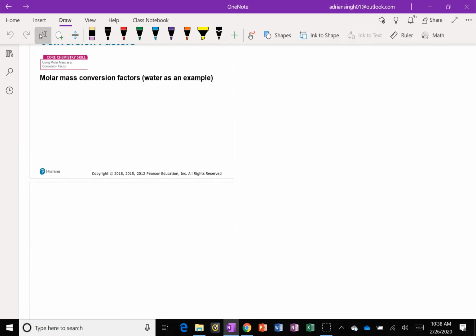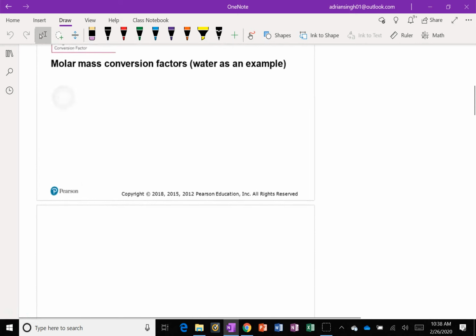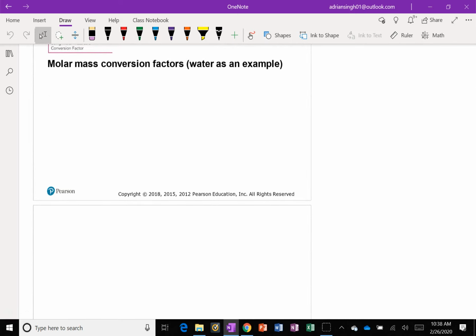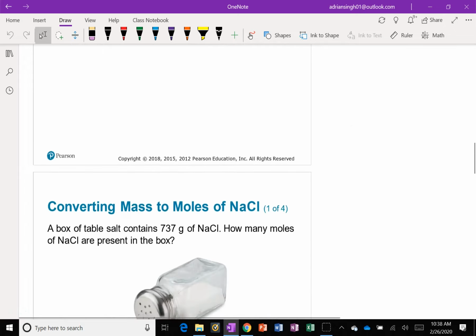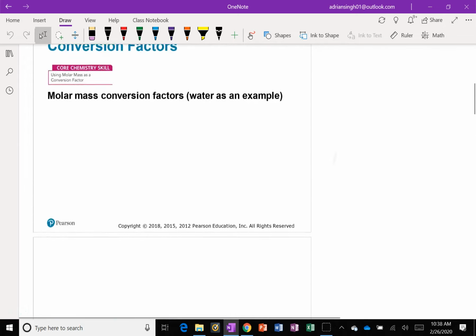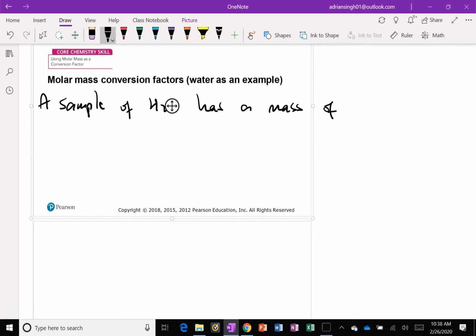All right, so let's take a look now at how we can use the molar mass to do some conversions, and they're going to be really similar to what we saw previously. All right, so let's say now that you have a sample of water and you wanted to convert between those two different units. So let's say we had a sample of water that has a mass of 155 grams.